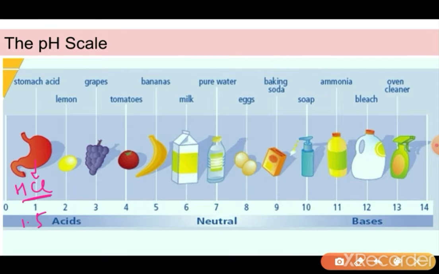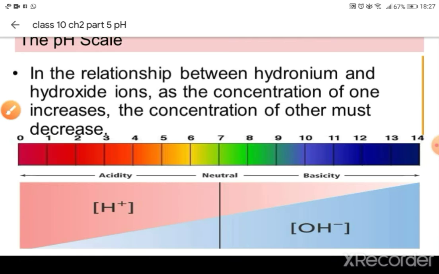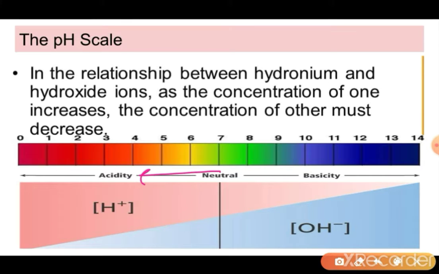How do we come to know about the strength? For strength, we could say that the further we move away from 7, the stronger the solution. All the solutions with pH 0, 1, 2, 3 are strong acids. The solutions with 4, 5, 6 are weak acids.